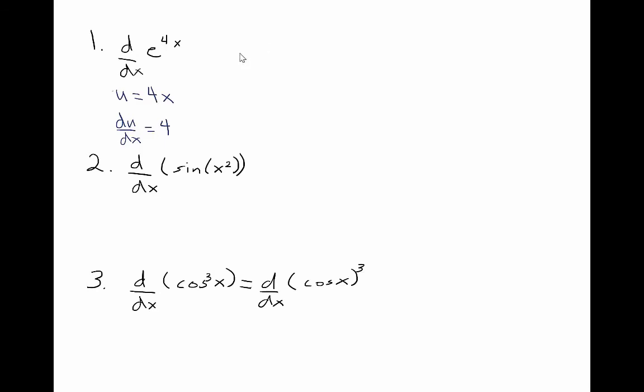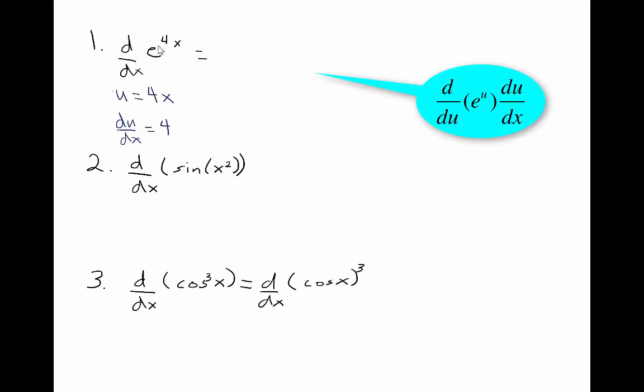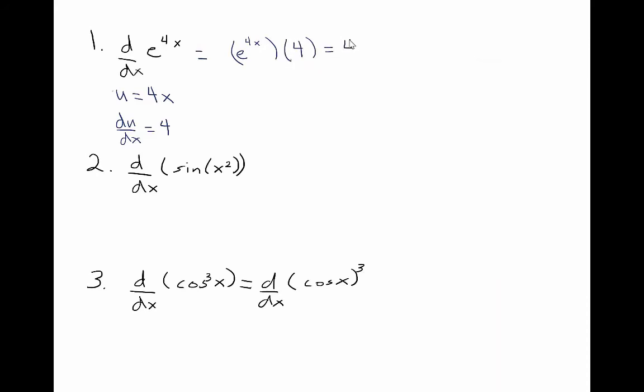So what we have is we take the derivative of the big function. Exponential's derivative is just itself, so that stays e to the 4x. And then we multiply by du/dx, so we multiply times 4, so we get 4e to the 4x.